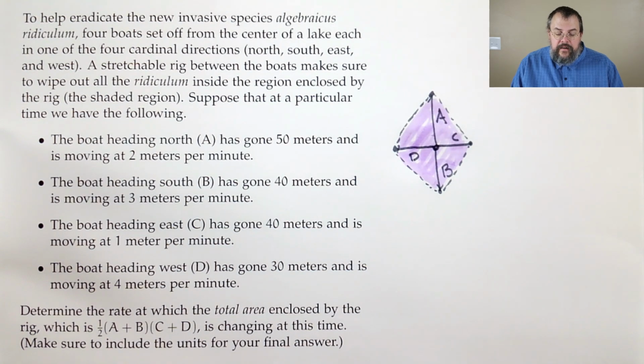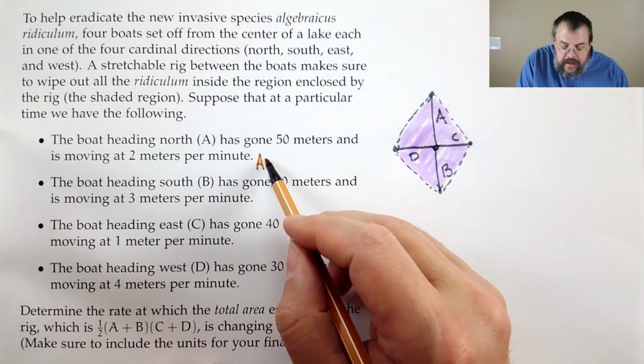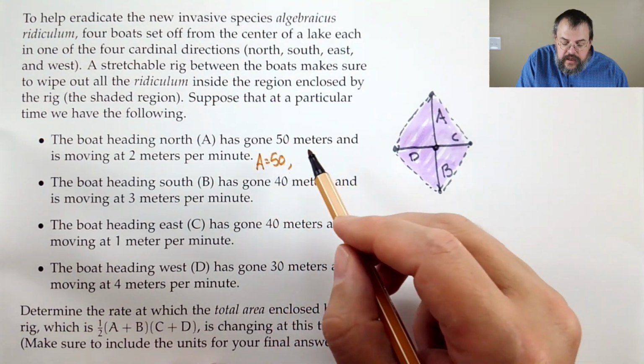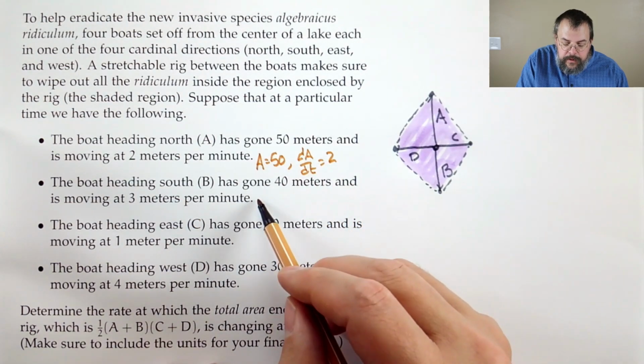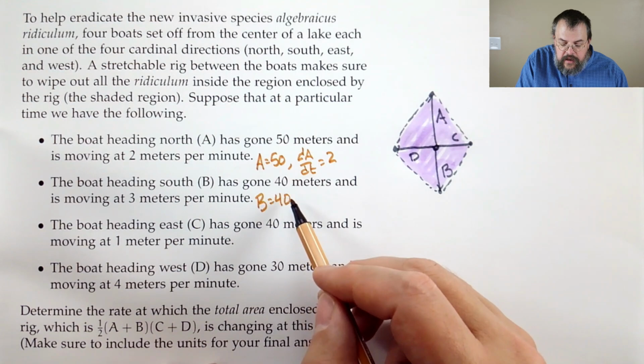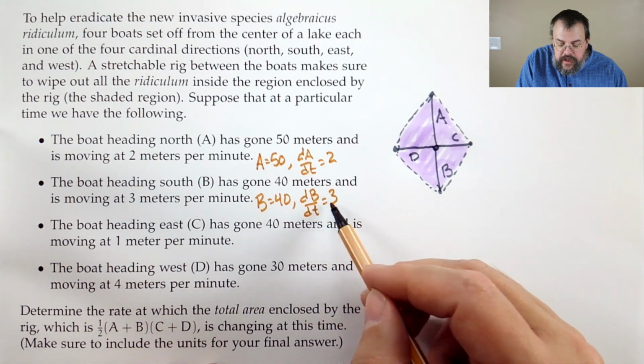So what we really have is a lot of information about values of the location and values of the change. So we can translate this to say, A equals 50, dA/dt equals 2. Here we would say B equals 40, dB/dt equals 3.